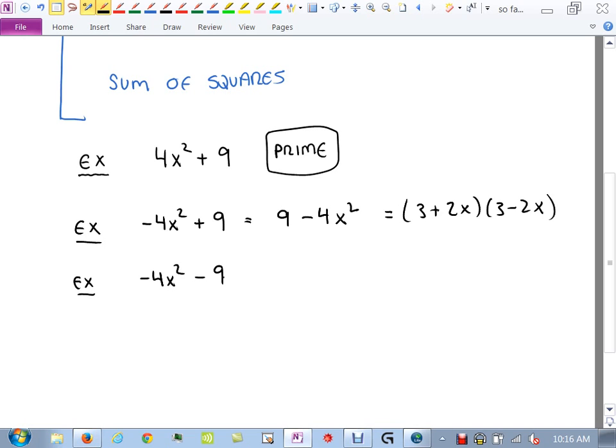But right now, is this a difference of squares? The problem is the negative out here, okay? How can you ever write something here that when I square it, you get negative 4x squared? But you can't square anything and get negative 4, can you? Because anytime you square something, it becomes positive.